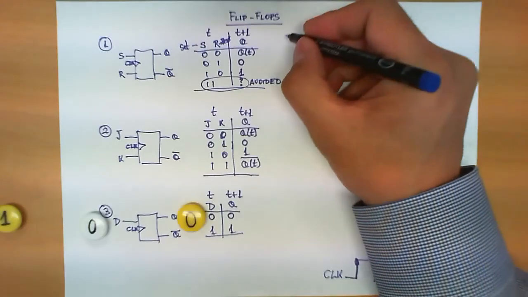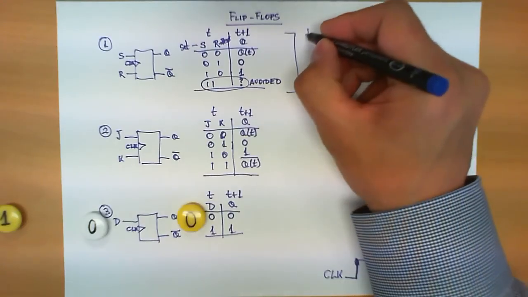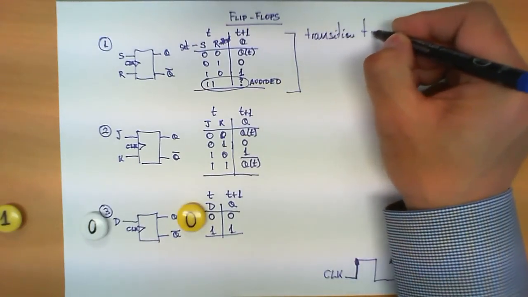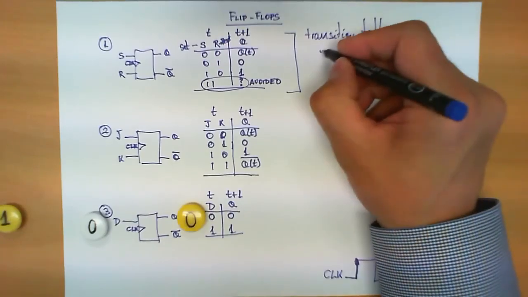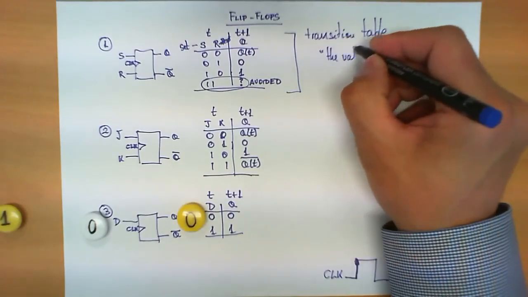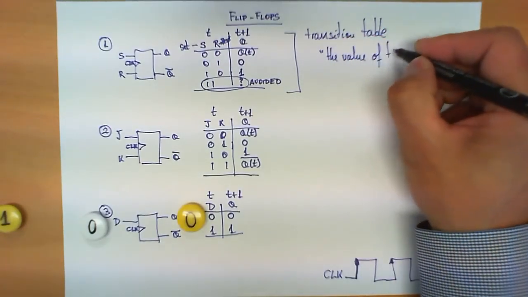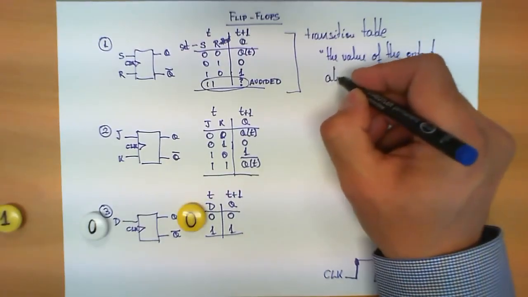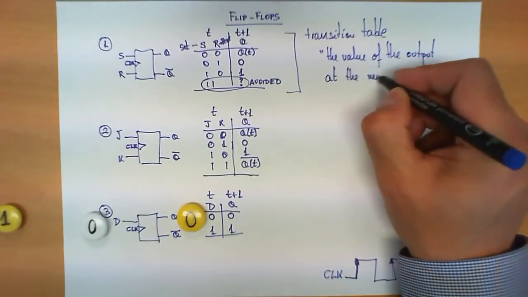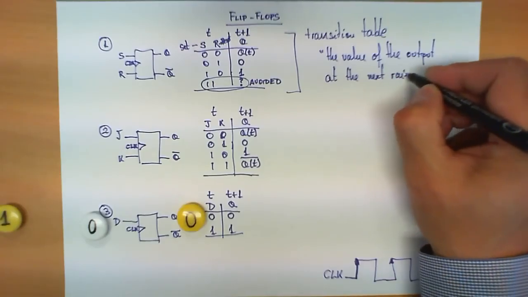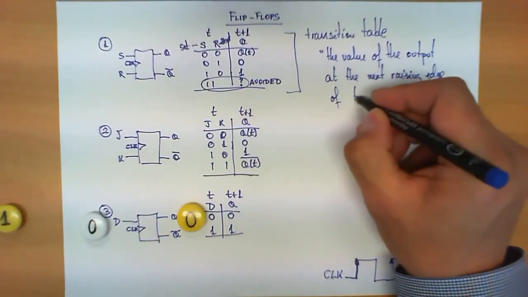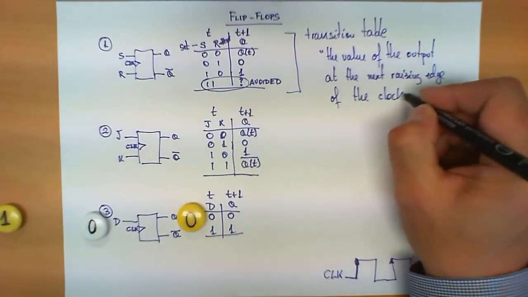So the most important thing to remember is that this transition table is specifying the value of the output at the next rising edge of the clock.